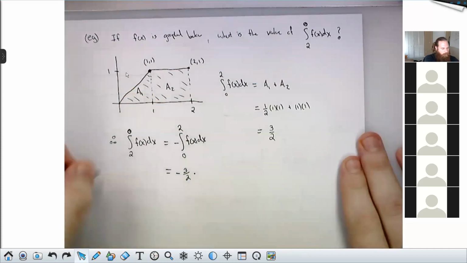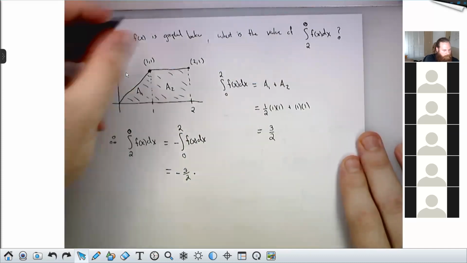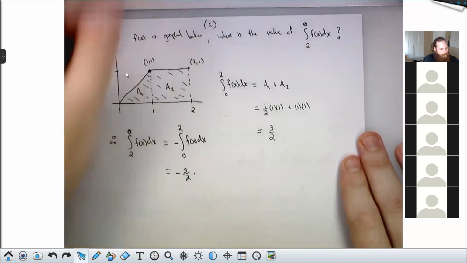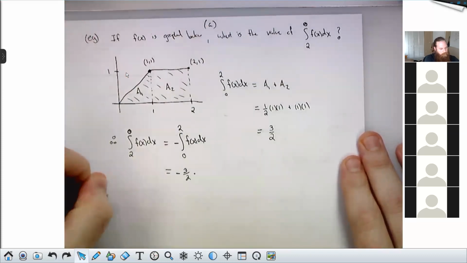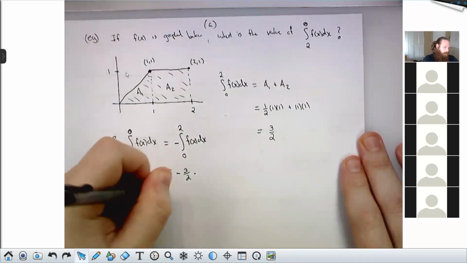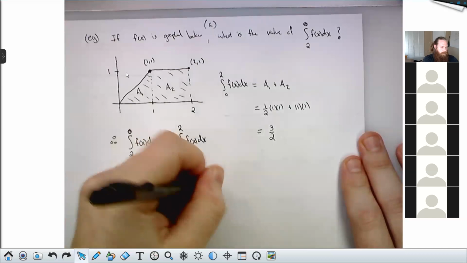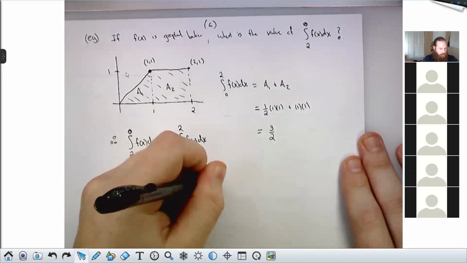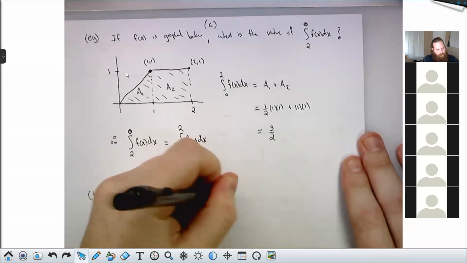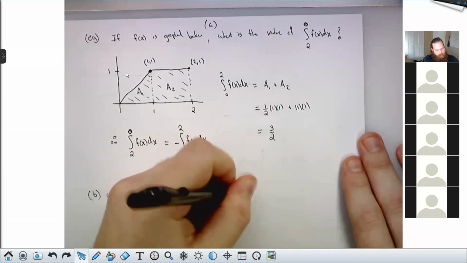All right, while we're here, call this part A. Part B, what is the value of the integral from 0 to 1 of 7 f of x dx?